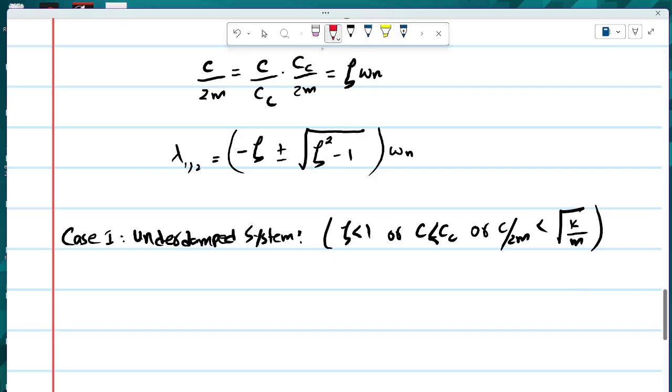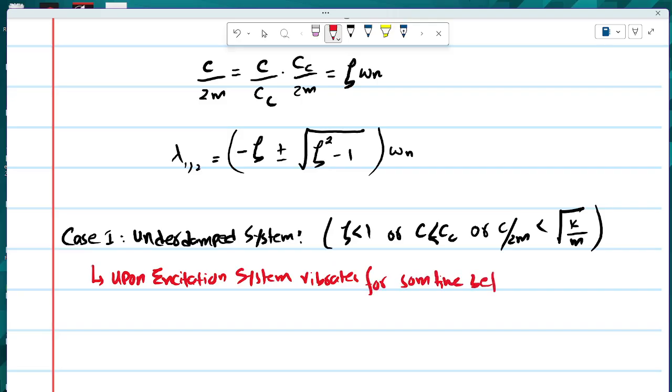So upon excitation, the system vibrates for some time before losing energy and reaching a steady state, the equilibrium condition.